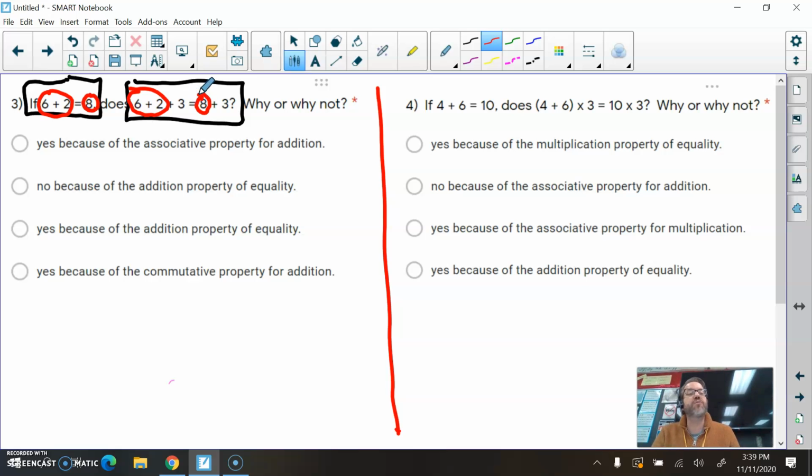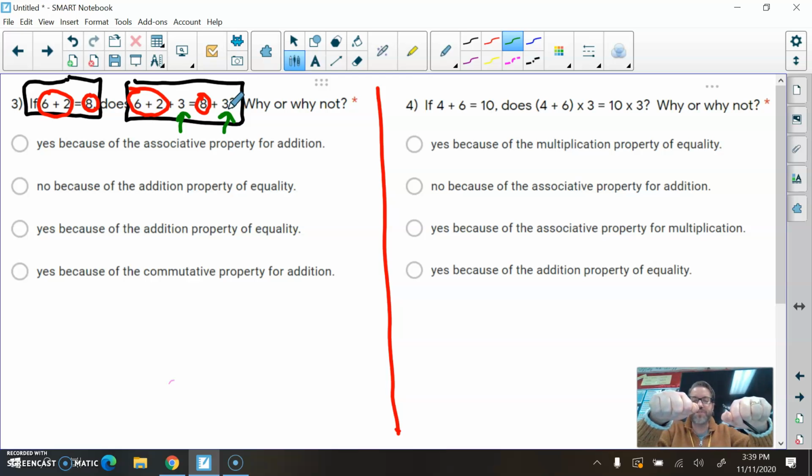So then I take a closer look and I recognize, wait a second. All that I'm doing to each side of this equal sign is adding 3 here and adding 3 here. So if we add the same amount on both sides of the equal sign, remember you can do anything you want to an equation as long as you do the same thing on both sides.